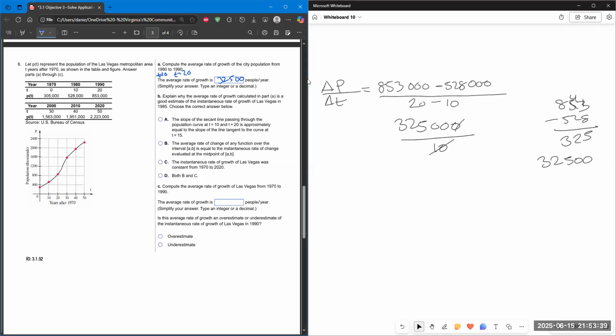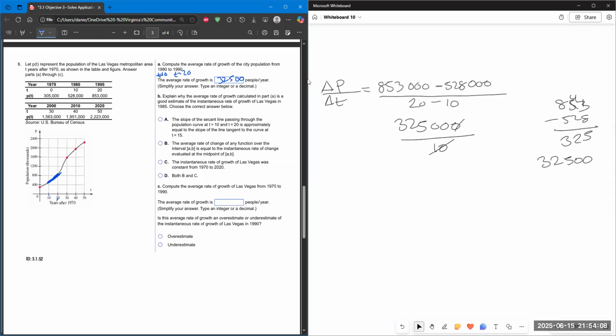people per year. And if we look at the graph here from 1980 to 1990, from t equals 10 to t equals 20, this secant line right here, let's see, is that a good approximation of what goes on at 1985, which is t equals 15?